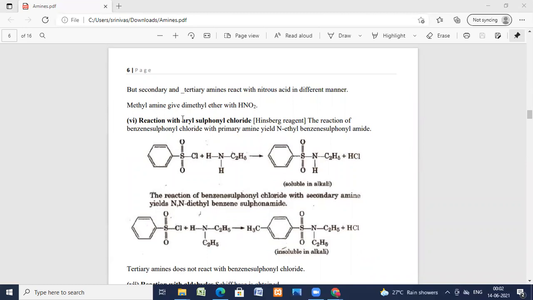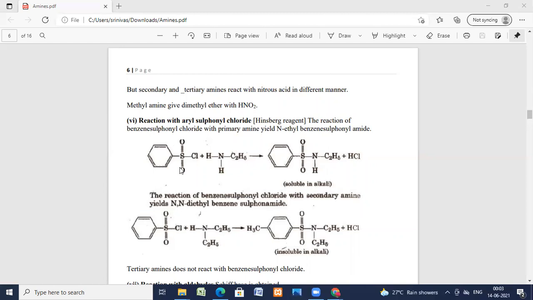Now reaction with aryl sulfonyl chloride. A very, very important reaction, the Hinsberg reaction. The reaction of benzene sulfonyl chloride with primary amine yields N-ethyl benzene sulfonyl amide.